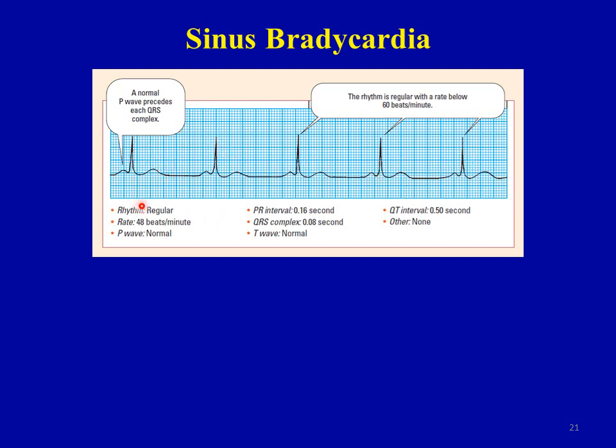The rhythm is regular. Heart rate is 48 beats per minute. P waves are normal. The PR intervals are normal, 0.16 seconds. The QRS complexes are narrow, within the normal range, less than 0.12 seconds. And the T waves are normal.